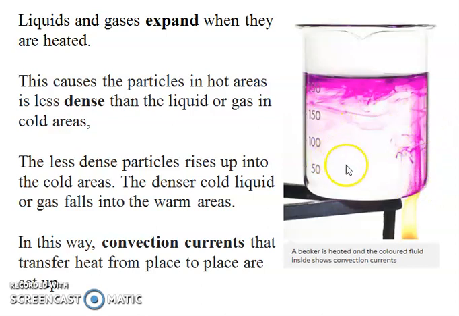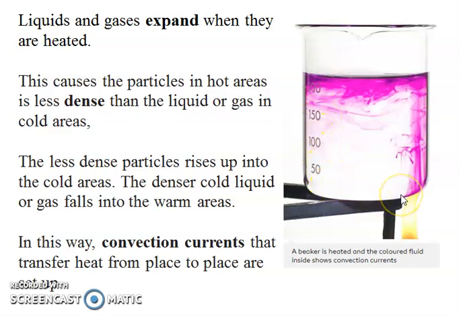It's colorless, and when heated, it becomes colored. You can see the water particles in this area are heated by the flame. As these particles are heated, they become less dense than the other particles in the colder area. So these particles will rise up into the colder area and the denser cold particles will fall into the warm area.